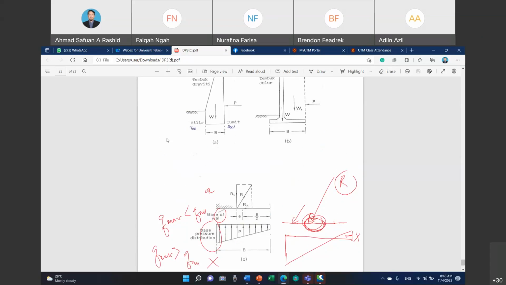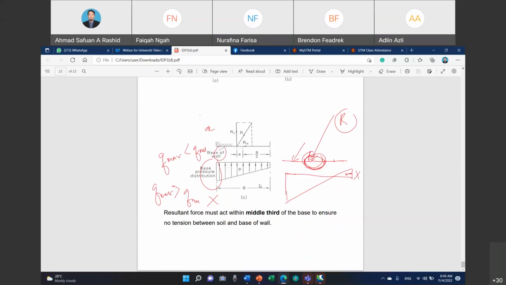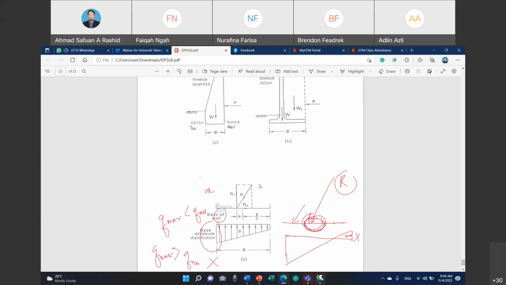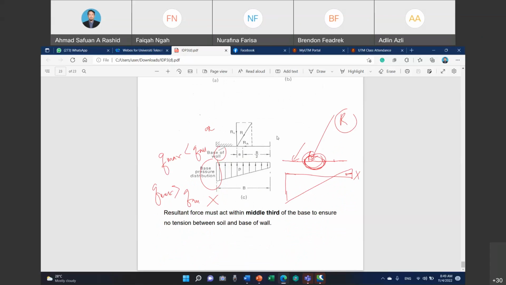Ni 40,000 ekor. So kita design untuk reban ayam, banyak lagi kita belajar kan. Tapi saya part on foundation lah. Jadi belajar bersungguh-sungguh lah. Kalau awak nak jadi engineer lah, kalau nak jual kosmetik tak perlu belajar ni.